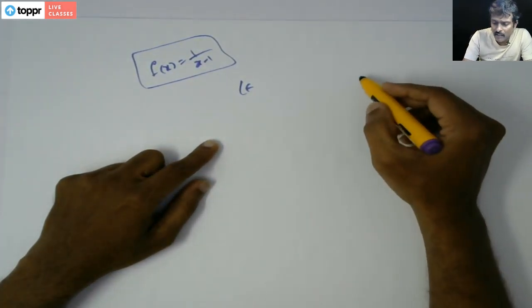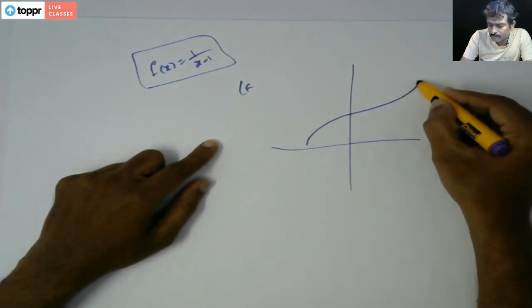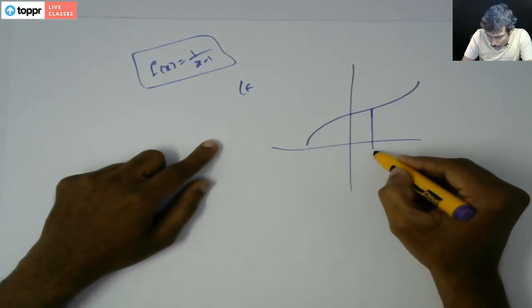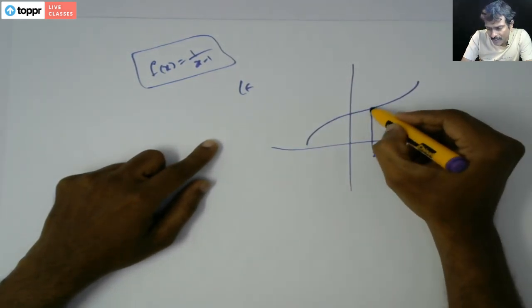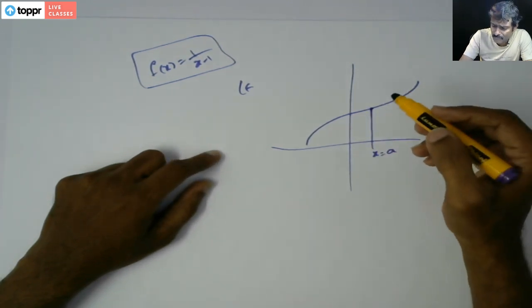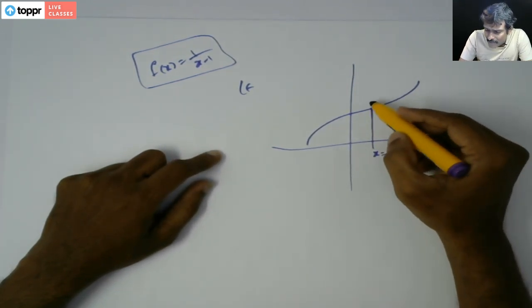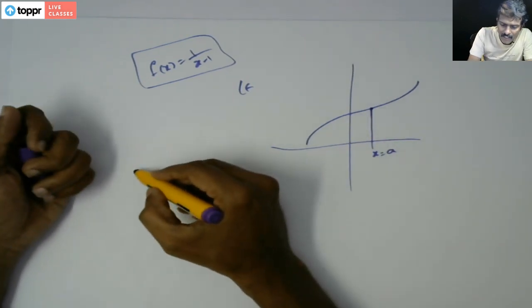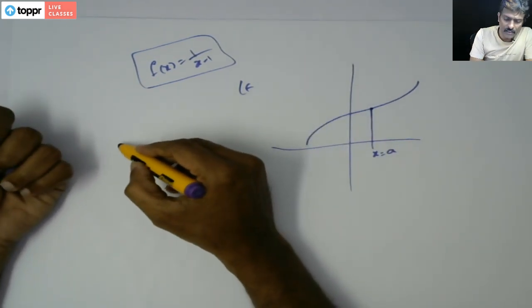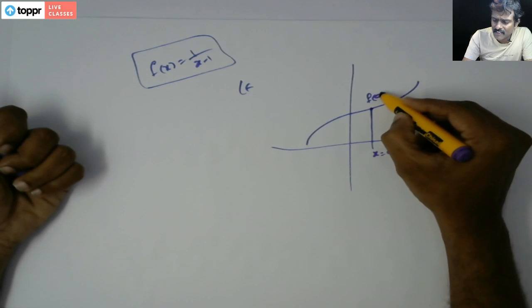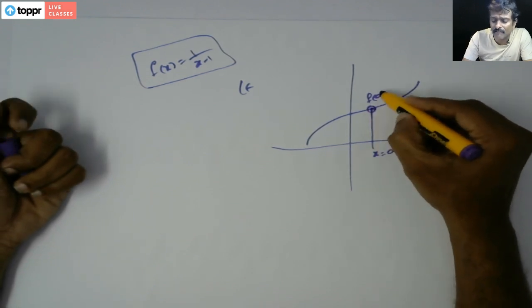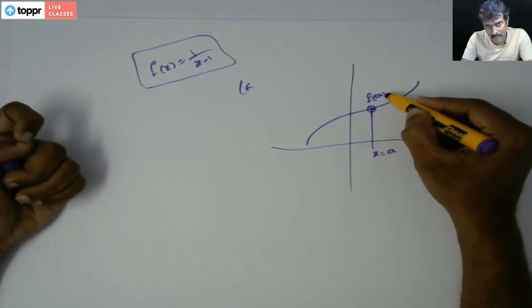When there is a function and you take a point, suppose x is equal to a is the point I'm taking, the value of the function at this point will be f of a, right?